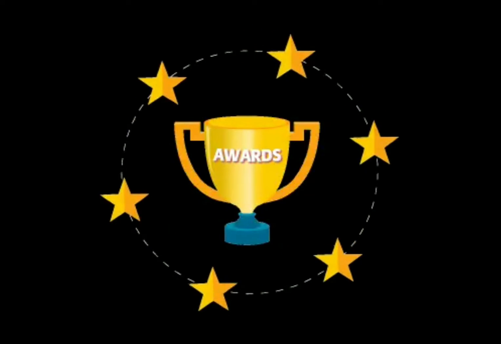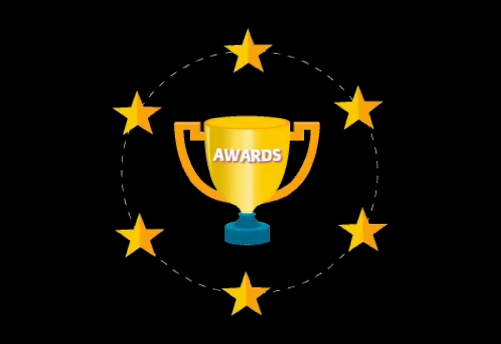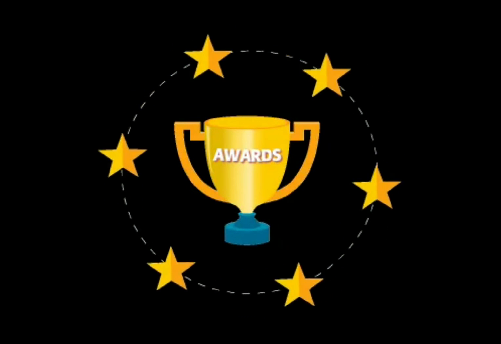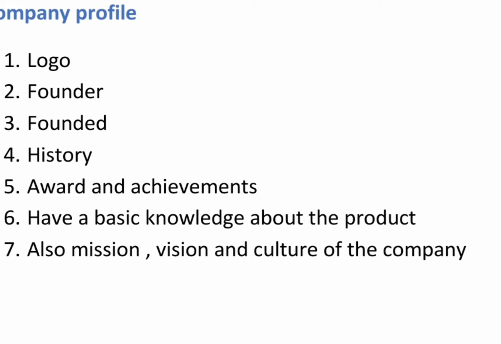Then awards and achievements made by the company, and also have basic knowledge about the products they are producing, and the different types of products they have. You can also mention when each was launched. When you're going for history, you will have the history of the products also, so you can mention that.